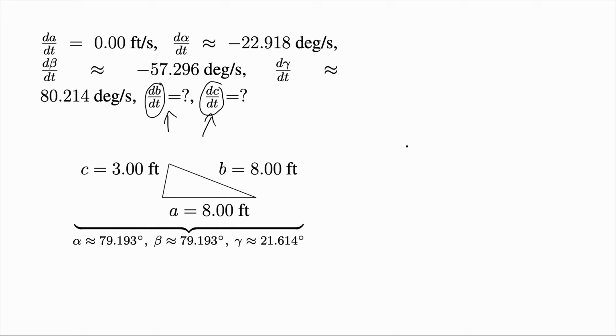So we need two different equations that relate B and C together. Again, just as in the last video, I'm going to assume no knowledge of the law of sines and law of cosines. Why? Just to illustrate that you don't really need it. You can just get it from what you see. So for the first equation, we need to relate B and C together. I see this right here.